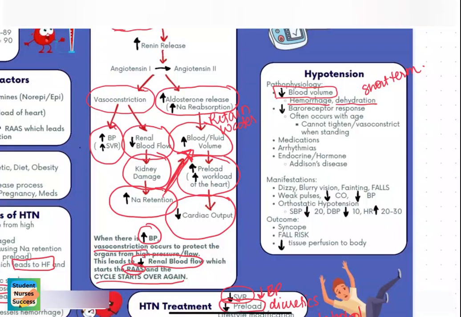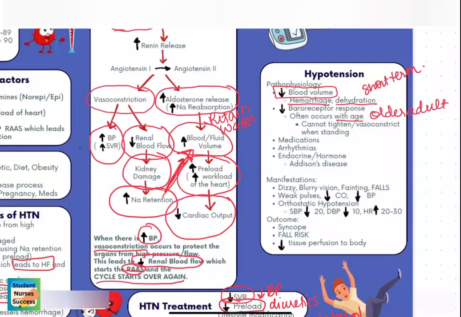However, in some individuals, that baroreceptor response is not as strong, and maybe they don't tighten or vasoconstrict. We see this as we get older. Older adults may have problems with this, and some individuals just have issues with this in general.